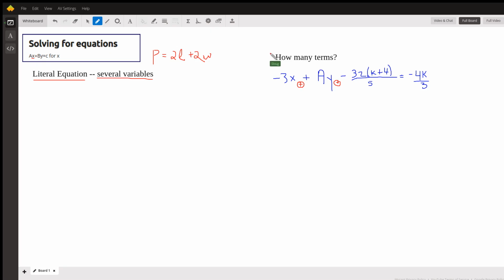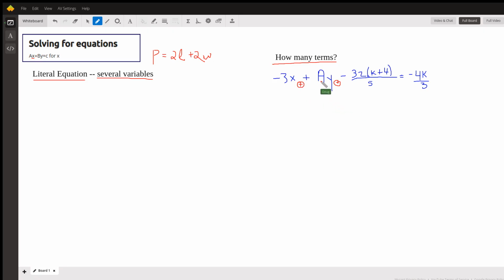Before we do that, let's just talk about what we mean by a term and how we isolate a term when you have an equation. The terms in this equation are the negative 3x, separated from the term plus 8y by this little understood red plus sign. We don't usually show them.